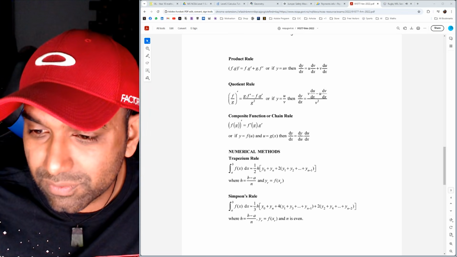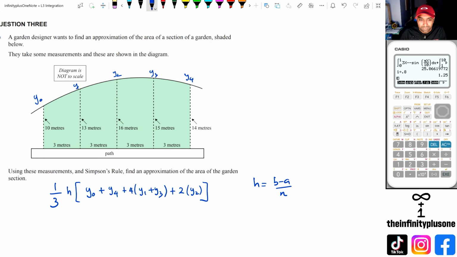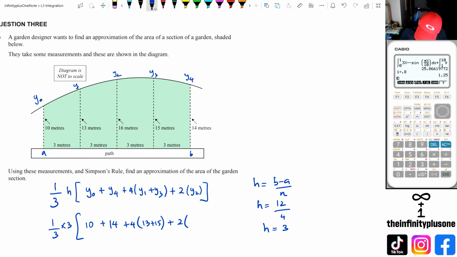All right, sorry, I just have to write this down. There we go. Now, what we've got here is b minus a, so that's whatever this value is, that's b and that's a. So h is equal to 12 divided by 4, so h is equal to 3. So we're going to get 1/3 times 3, so that's going to be 1. y0 is 10, plus 14 is y4, plus 4 times 13 plus 15, plus 2 times 16.